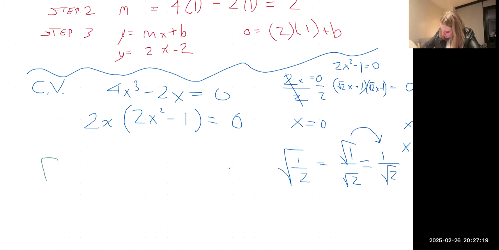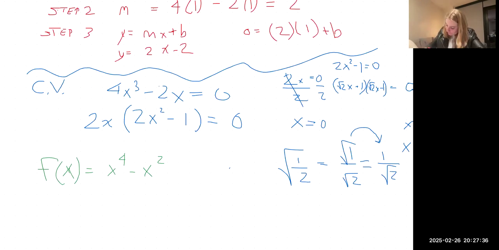Plug 0 into the original. I should use a different color. Okay, green.